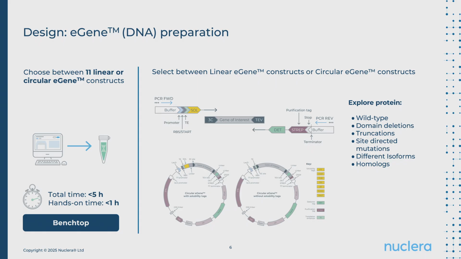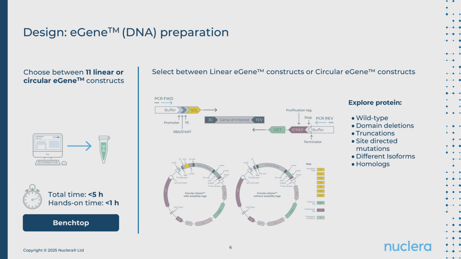But the construct design is basically the C terminus that is tagged with this detector tag and a strep tag for the affinity purification. And the 11 different constructs can be completely different proteins or the same protein in the variations of domain deletions, truncations, site-directed mutations, isologs, isoforms, homologs, all of those.